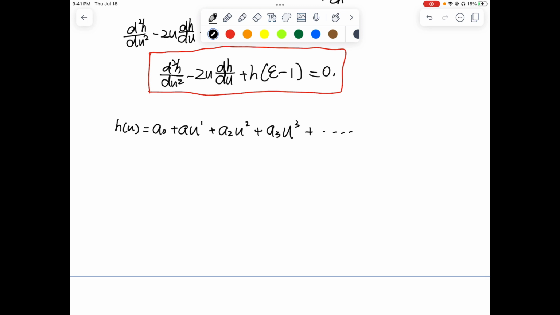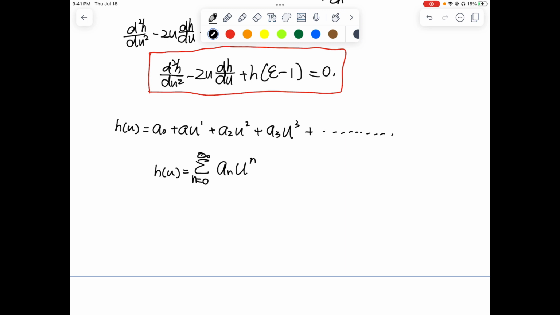The more terms there are, the more accurately this polynomial describes the original function. We can also write this in summation notation: the sum from n equals 0 to infinity of a n times u to the n.